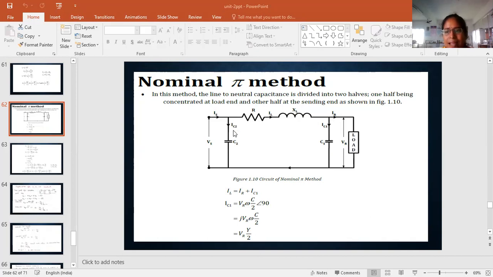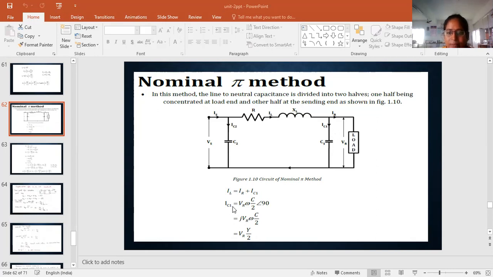We can assume those values. Here the capacitance value is C by 2, and here also C by 2. First we take the current and voltage values. Write the equation: IL equals IR plus IC1.